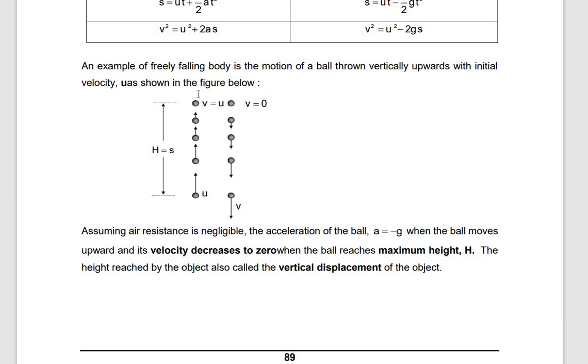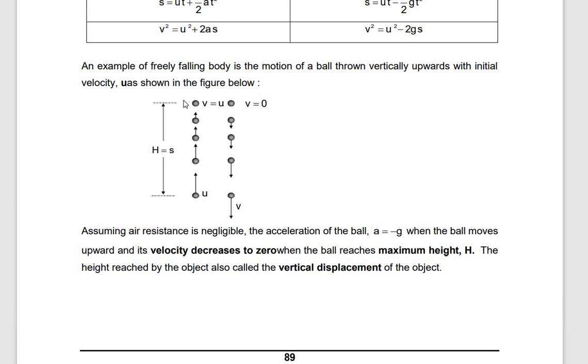Dekat situ kita kata v sama dengan kosong. Bila dia berhenti tu, dia akan ada satu ketinggian, kedudukan, which is kita panggil dia capai the maximum height.